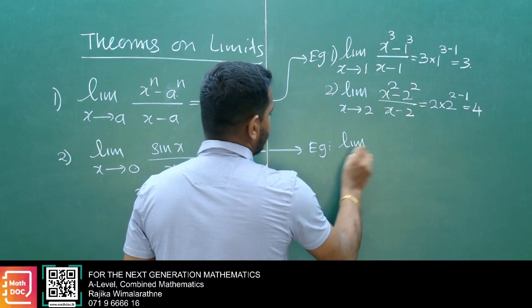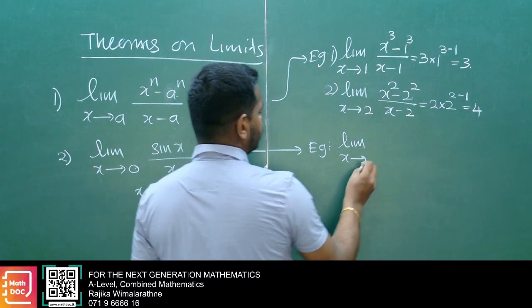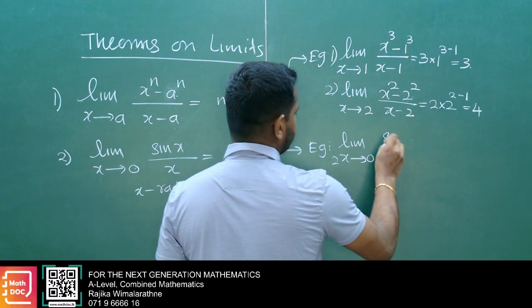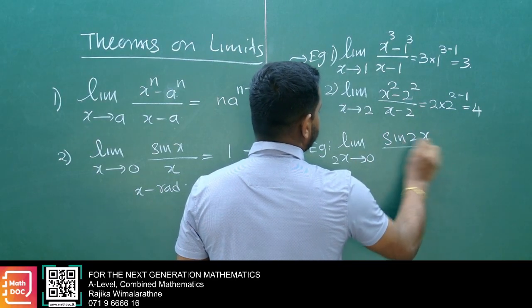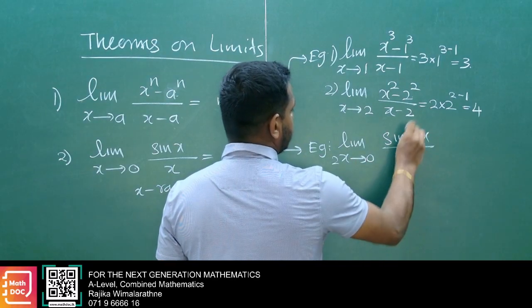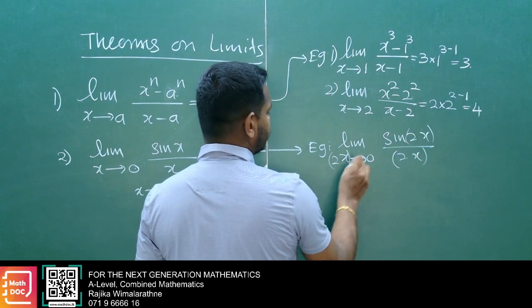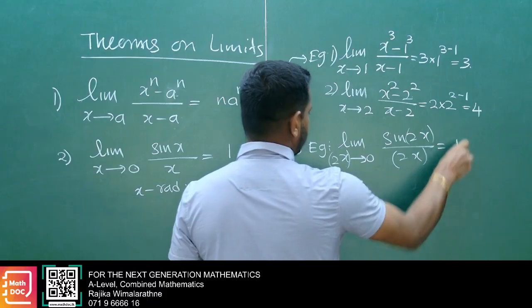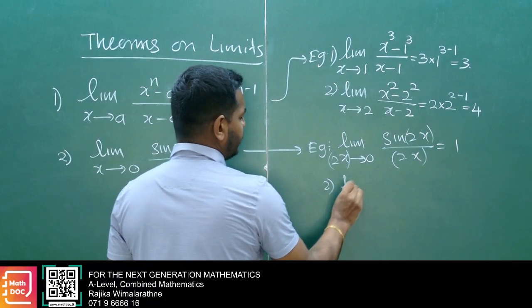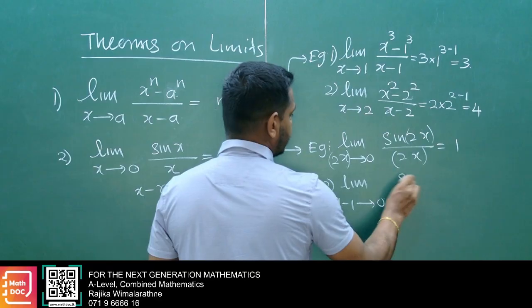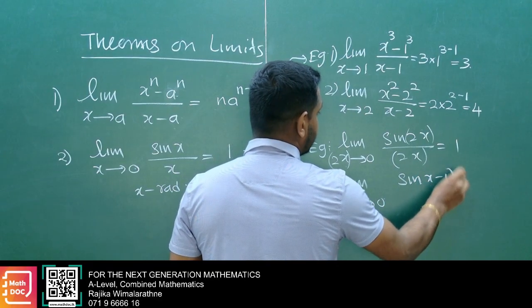Limit as x goes to 0, 2x goes to 0, sin 2x divided by 2x. Here it is sin x of x type, with 2x going to 0, then 1. Limit as x minus 1 goes to 0, sin(x minus 1) of (x minus 1).